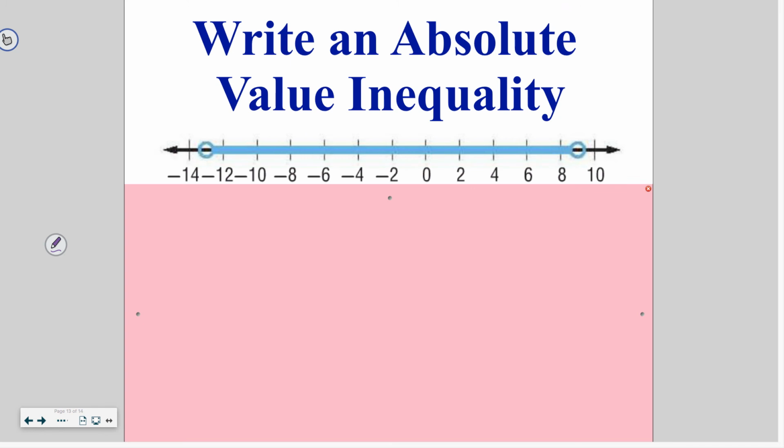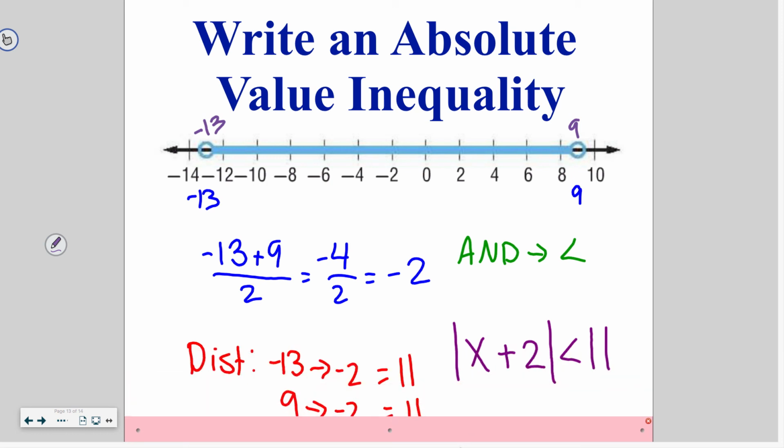Go ahead and try this one on your own. I want to note that this value here is negative 13, and this one over here is 9. So, negative 13 plus 9 divided by 2, again, gives us our middle point of negative 2. Our distance between both of those is 11 spaces. So our distance is 11.